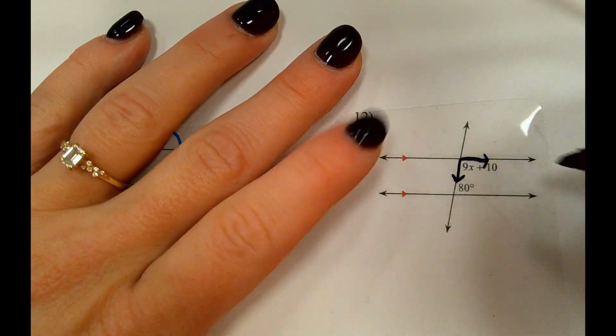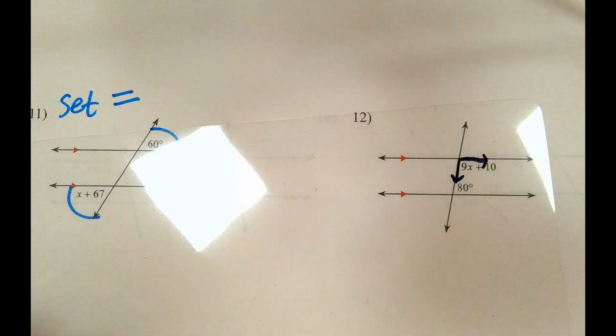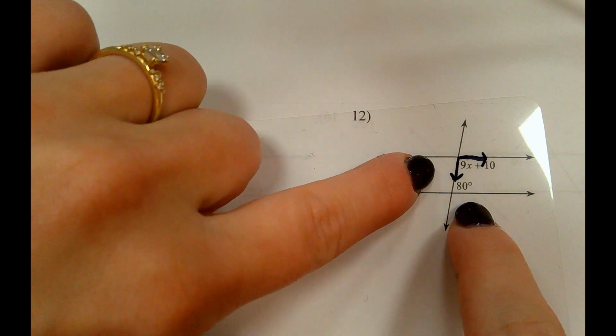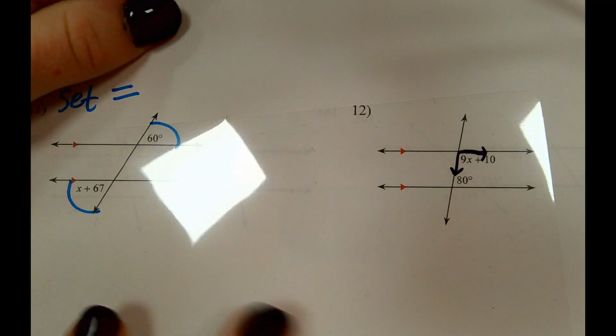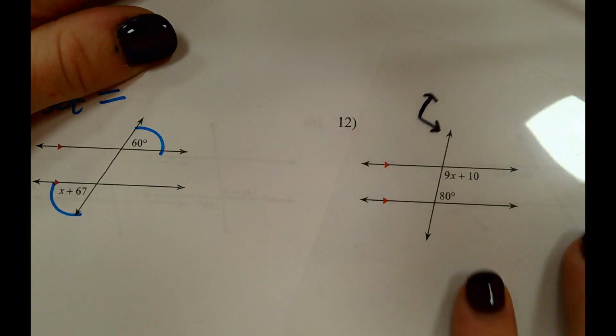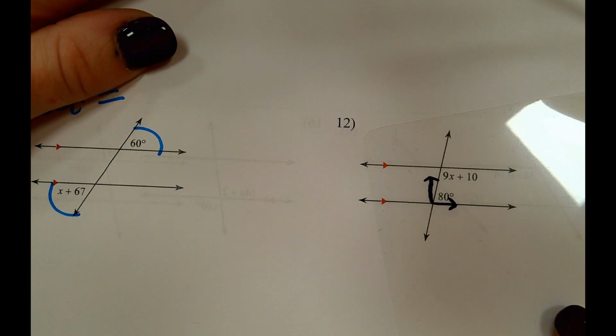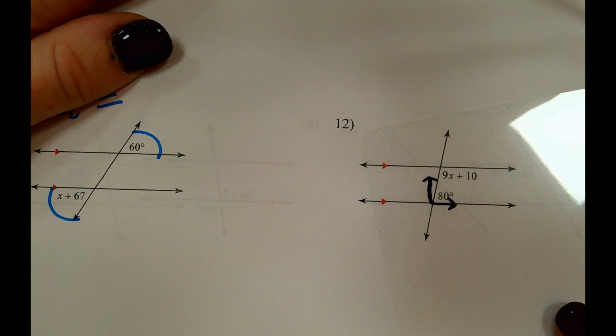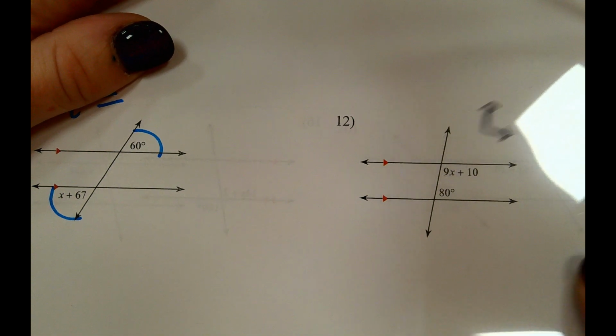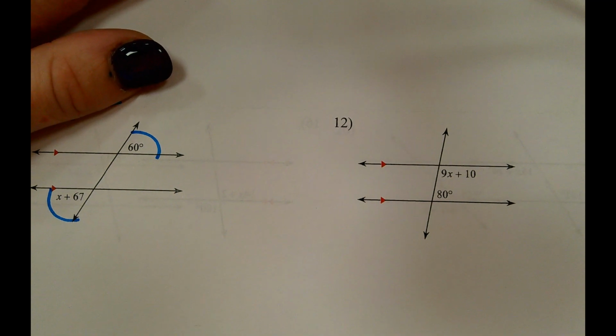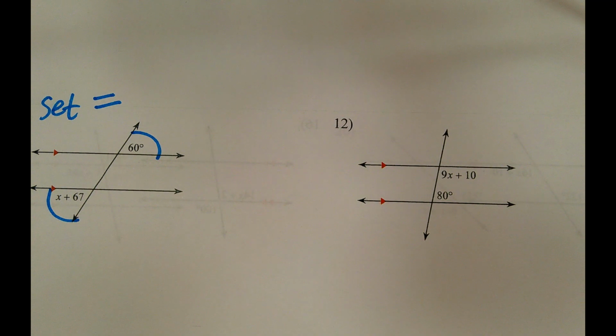Okay. If these are equal, then I should be able to move this onto the 80 and it should match, right? Oh. I don't think they're the same size, are they? One of those is an acute angle, and one of those is an obtuse.